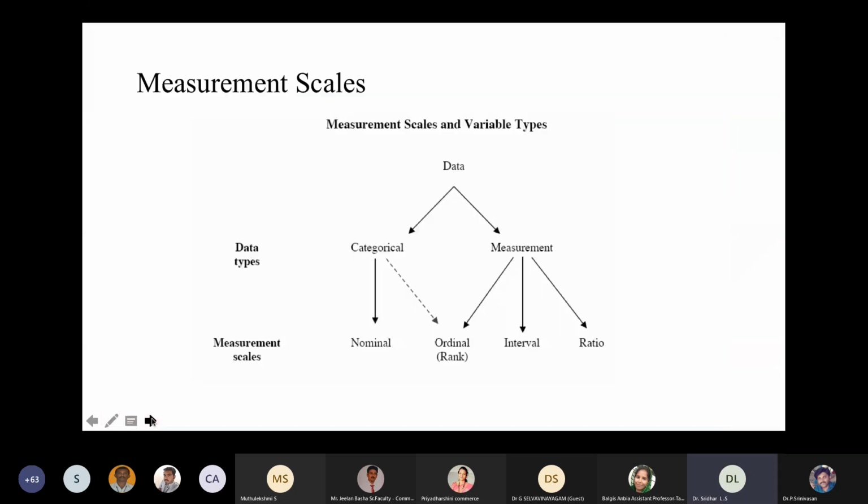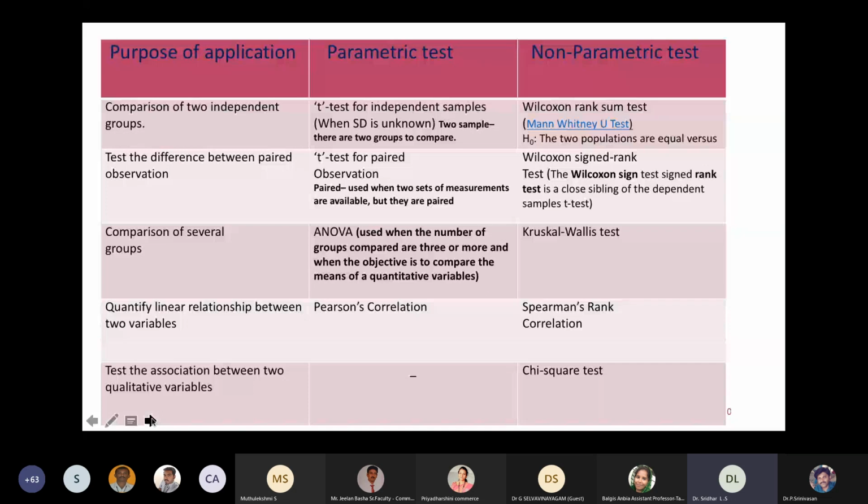See how you can select the test. With the t-test you can compare two independent groups. The t-test for independent samples is used when the standard deviation is unknown. We can use the parametric test.